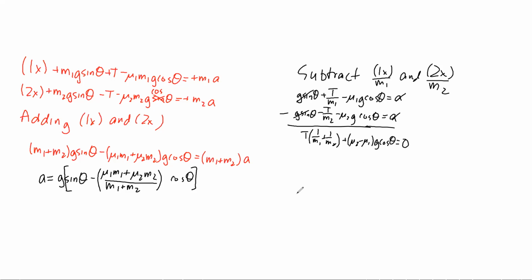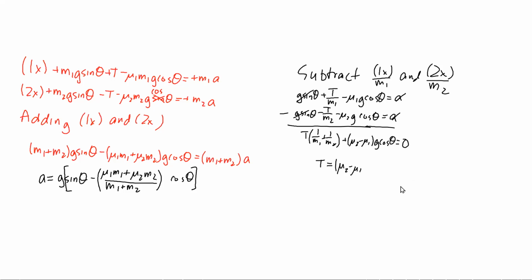And solving this for T then, you can check for yourself. Whenever you have two reciprocals added together, that equals the sum over the product, and so dividing that will give you the product over the sum. So ultimately you'll end up with this. Let's see. We're almost done.